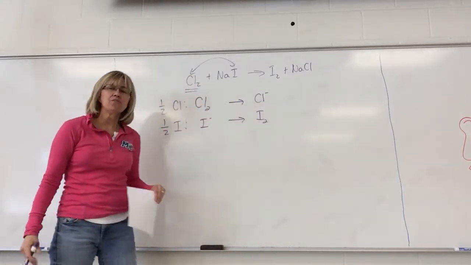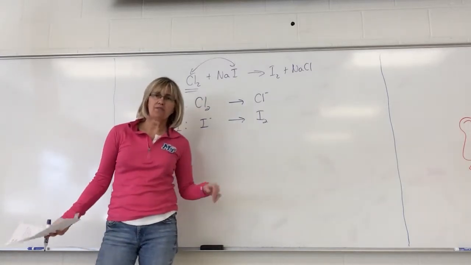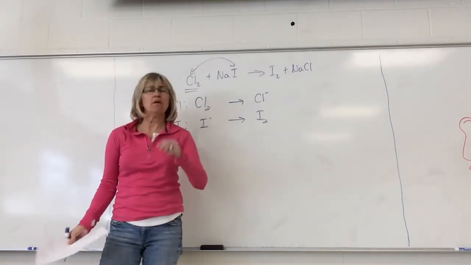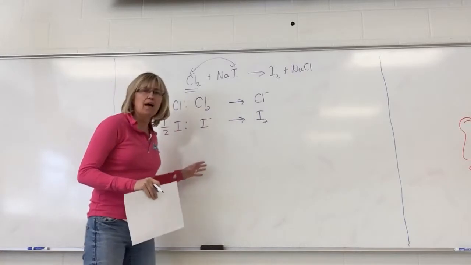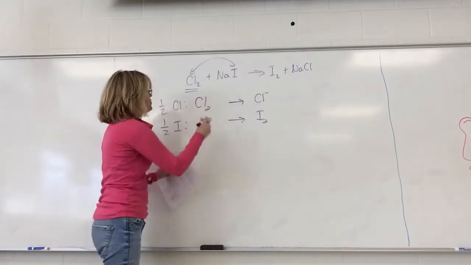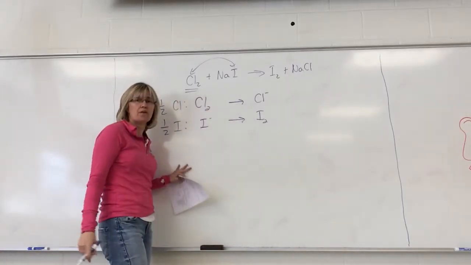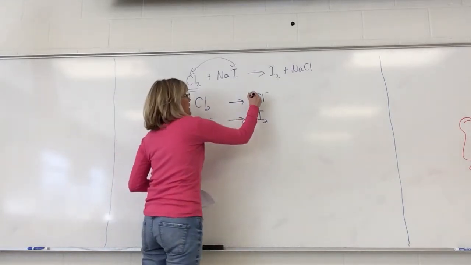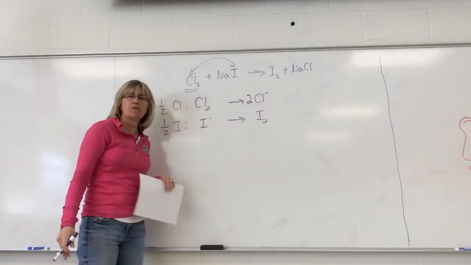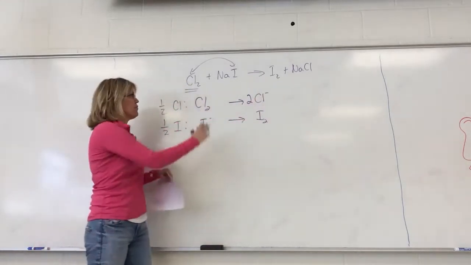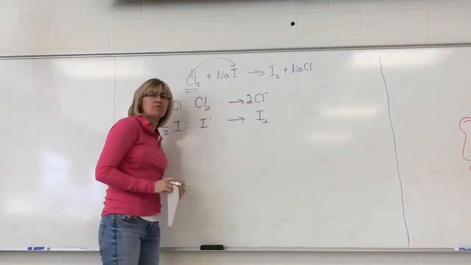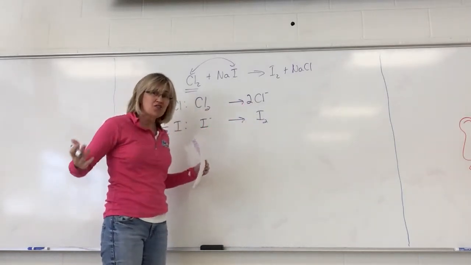Now we're asking, what is oxidized and what is reduced? This time we might balance the mass first because we've got 2 chlorines here, don't we? So we better have 2 chlorines over there. So first of all, we've balanced mass. And now we need to balance charge.